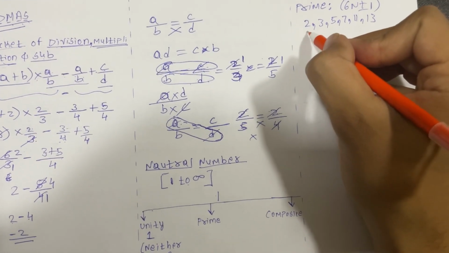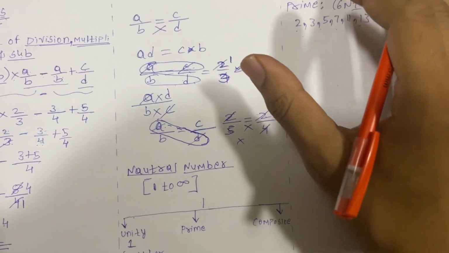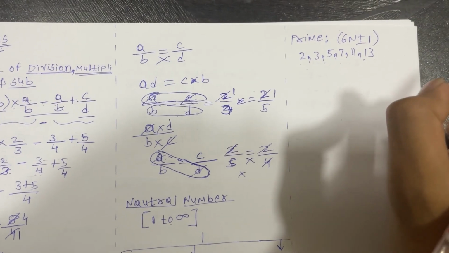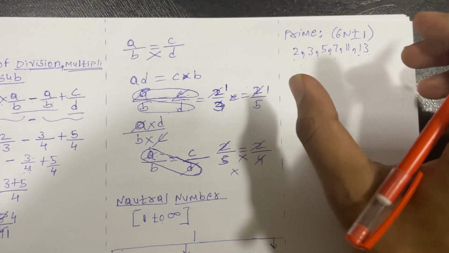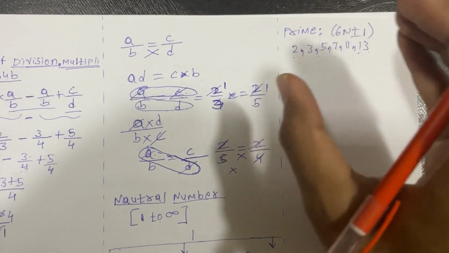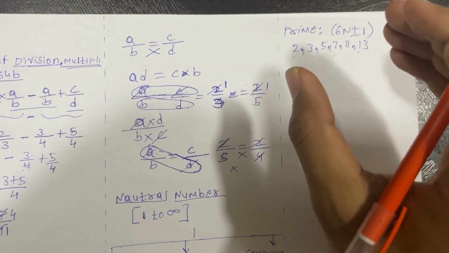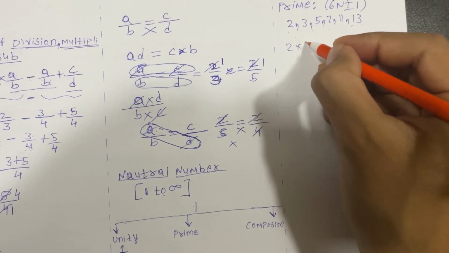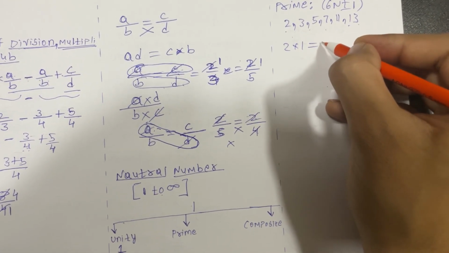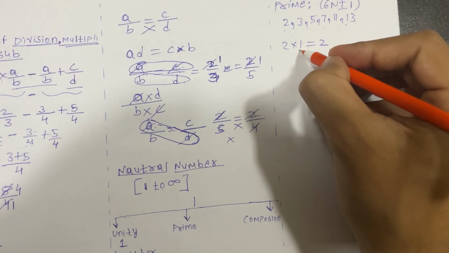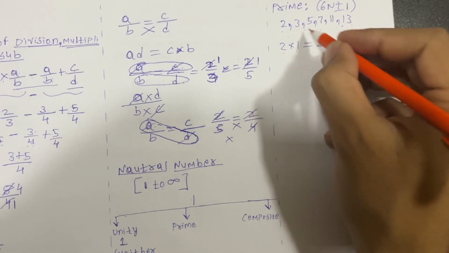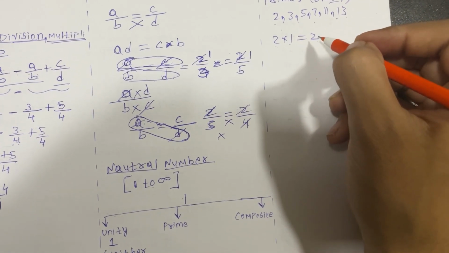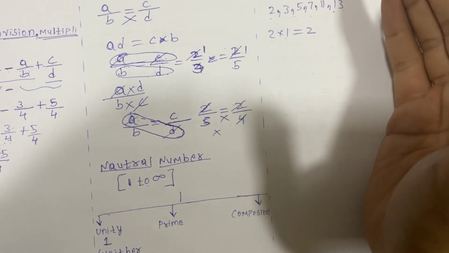These are numbers which have factors of only 1 and itself. For example, 2 into 1 is 2, so it doesn't come under any other table.